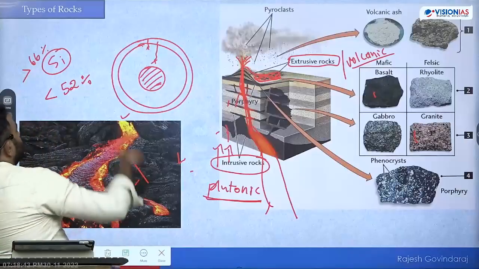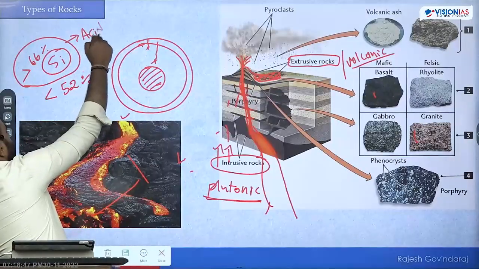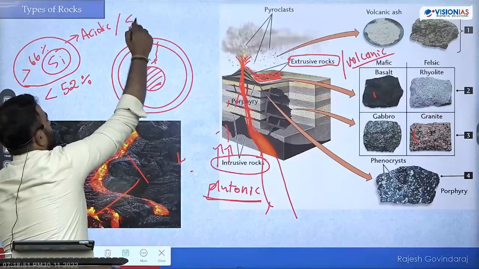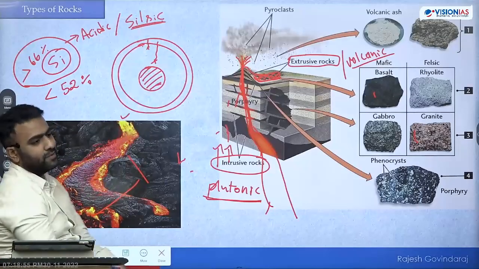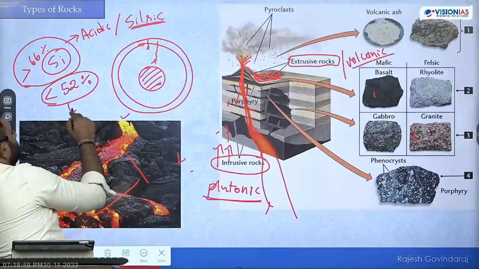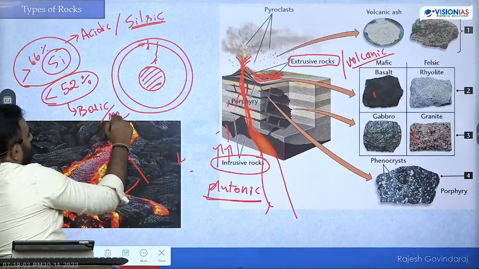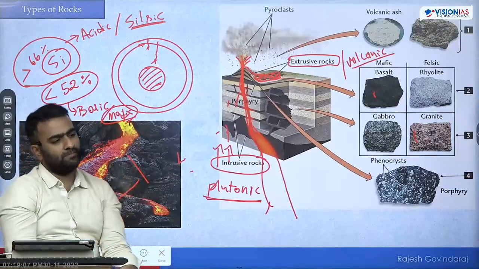So those rocks which are higher in silica content, they are also called as acidic rocks or silicic rocks, referring to higher silica content. Those which are lesser in silica content, they are called as basic rocks or mafic rocks. They are also called as mafic rocks.